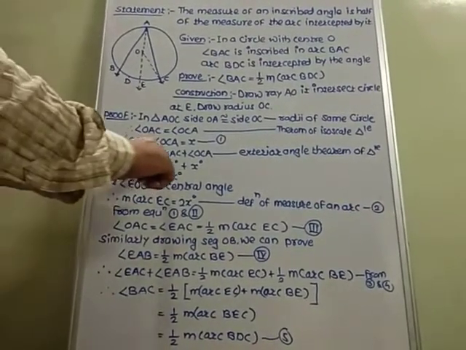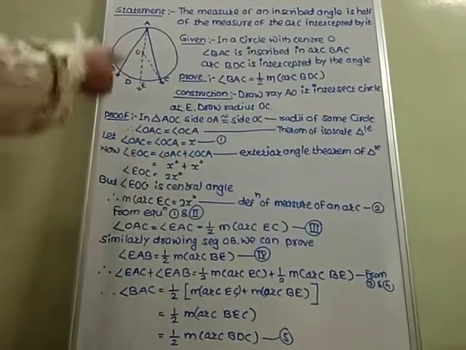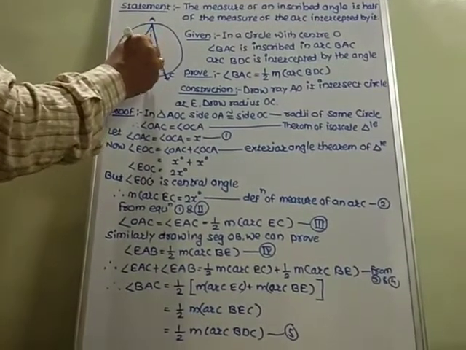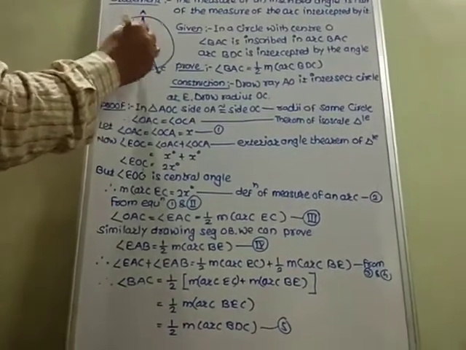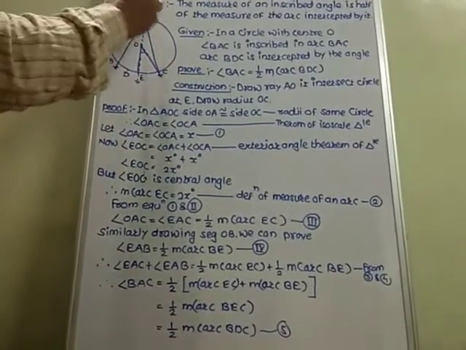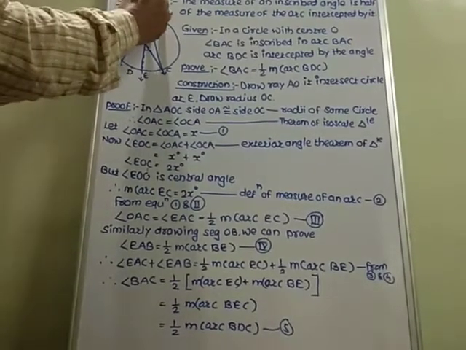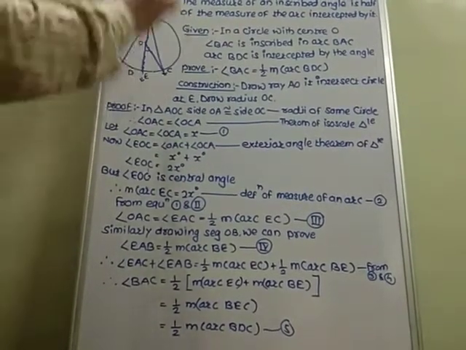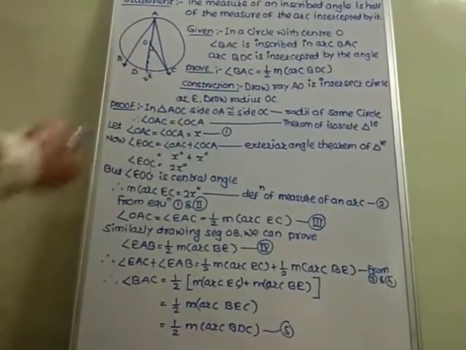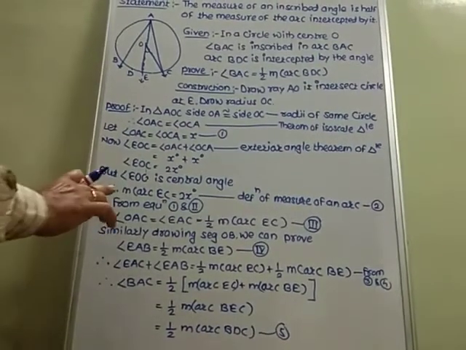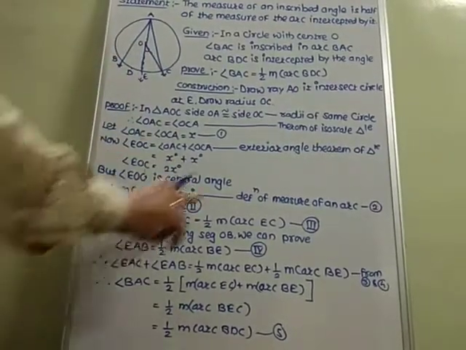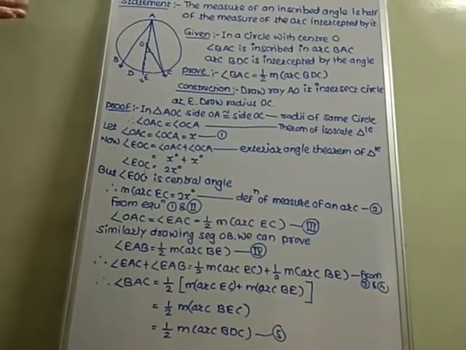Therefore EOC is 2x degrees. But EOC is a central angle. Therefore the measure of arc EC is 2x degrees, because of the definition of the measure of an arc we just learned.